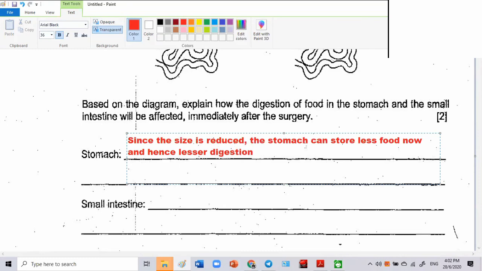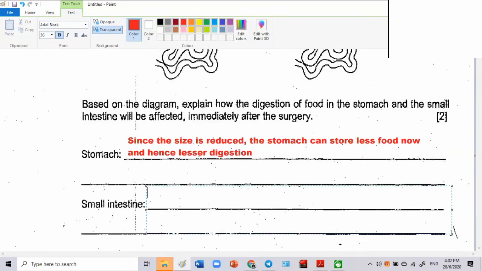Actually, the stomach also helps you digest. Now, the small intestine, what happened?